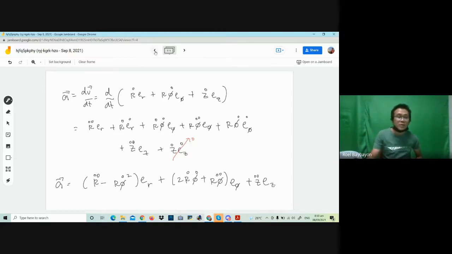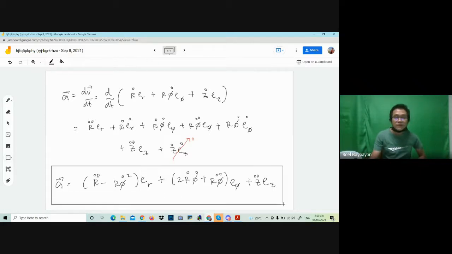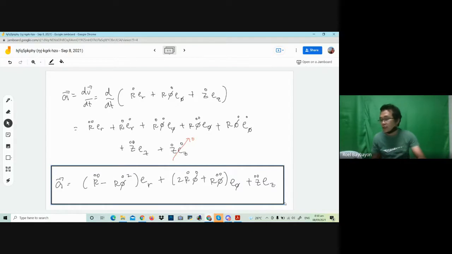So this will be the acceleration of the object in cylindrical coordinates. Okay, so this will be the answer.